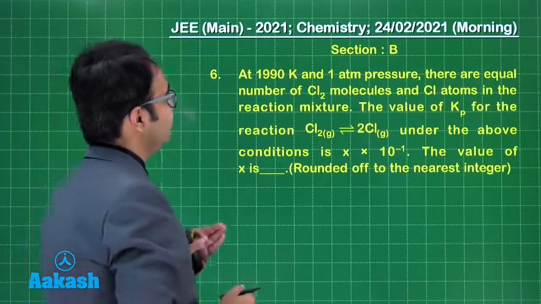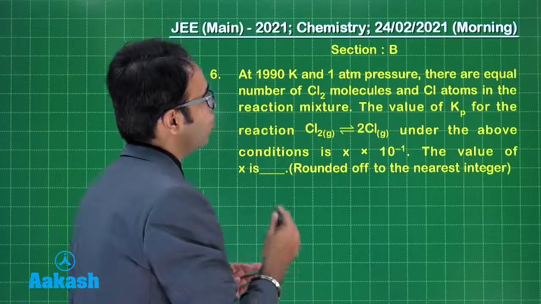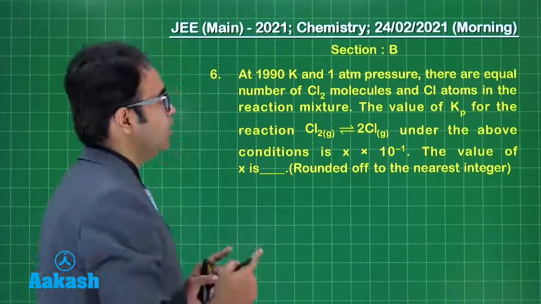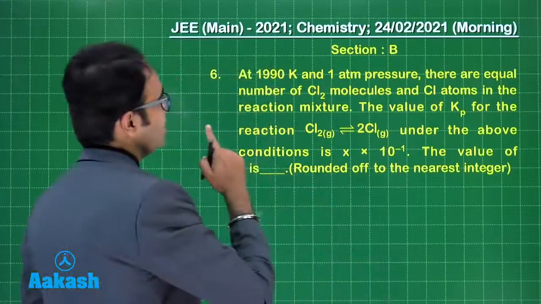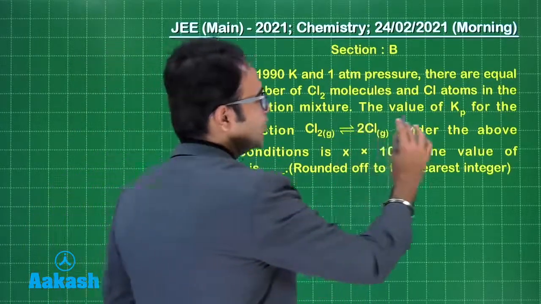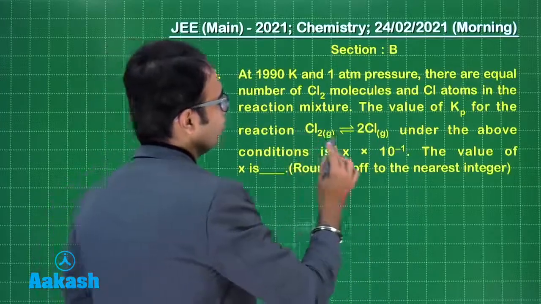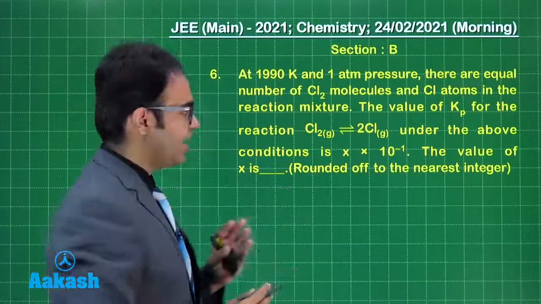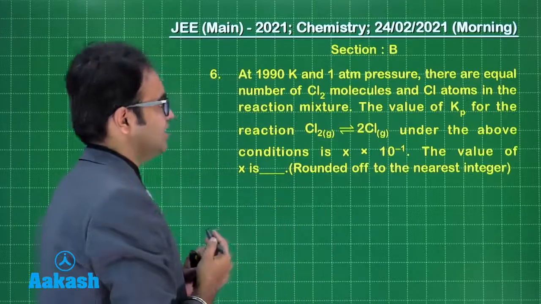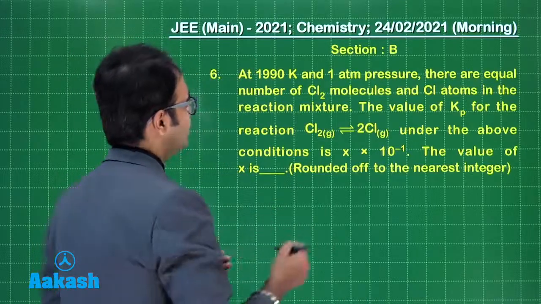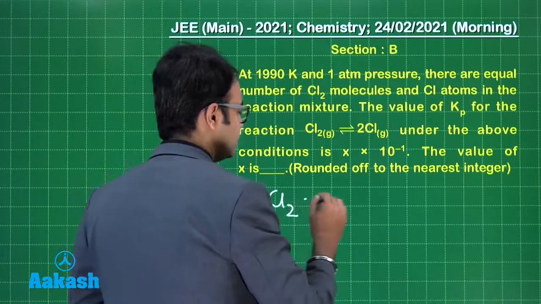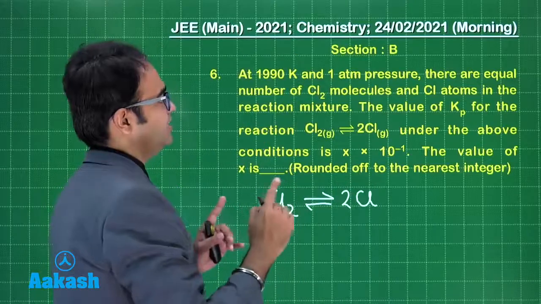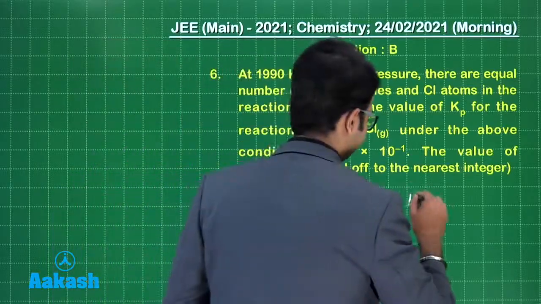Okay. At 1990 Kelvin and 1 atmosphere pressure, there are equal number of Cl2 molecules and Cl atoms in the reaction mixture. The value of Kp for the reaction Cl2 giving you 2Cl under the above condition is x into 10 to the power minus 5. The value of x is, okay. So what they have given us, we have Cl2 giving 2Cl, and they are saying the number of Cl2 molecules and Cl atoms are same.